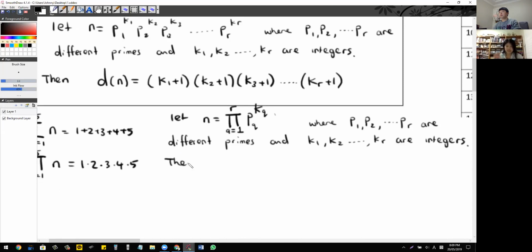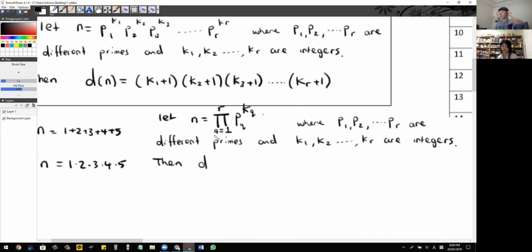Would it make sense because there's no Q in the where P1, P2 thing? Because the Q, why does it suddenly change to 1, 2, and R? Do you have to state something? Well, you're going to be plugging in 1, 2, 3, 4, 5, and up to R. So we're just saying that P1 to R, they're all different primes.